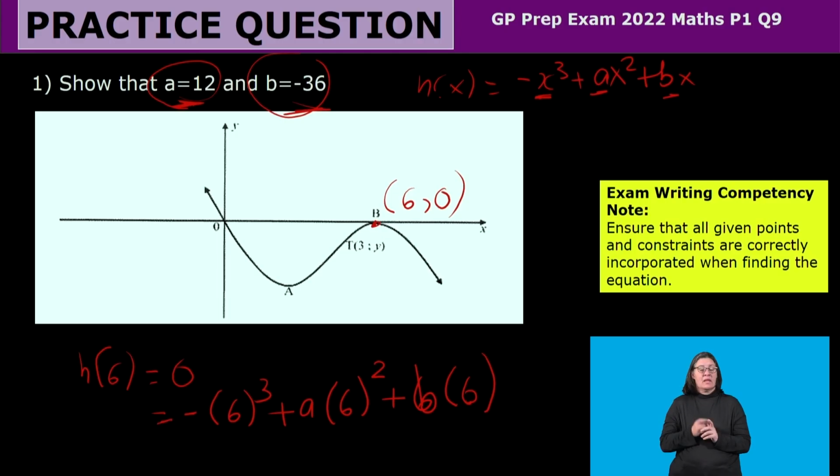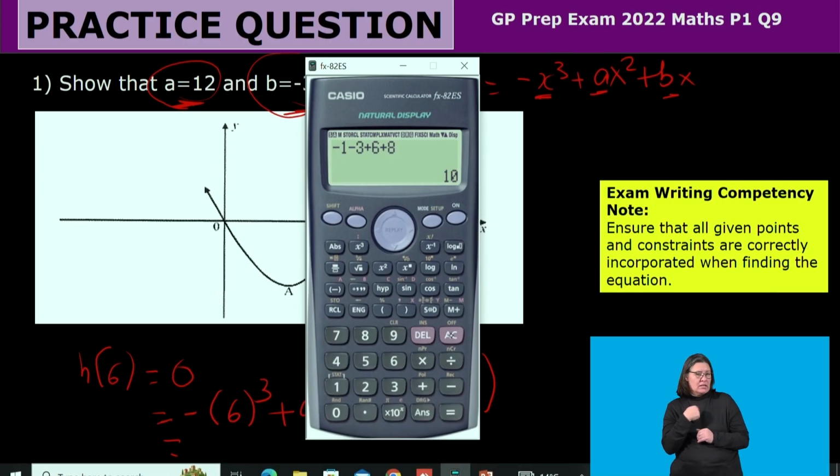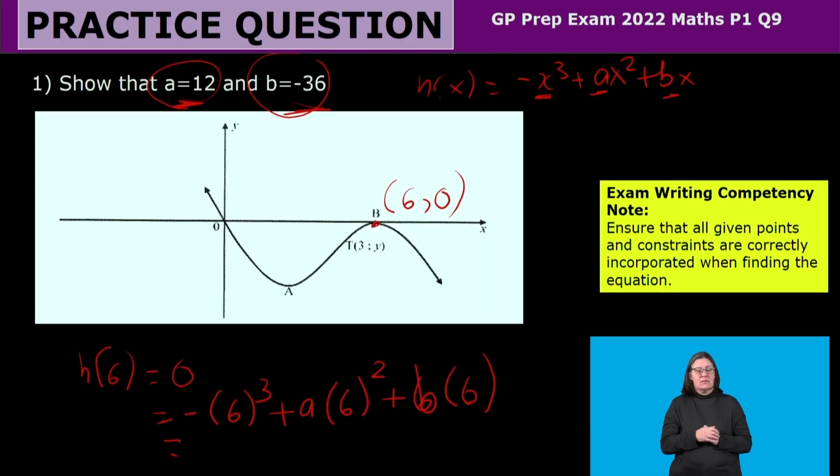All right. Simplifying that, 6 cubed, that is 216, but let's just check if we are correct there. 6 cubed, it's 216, so we end up with negative 216 plus 36a plus 6b is equal to 0.